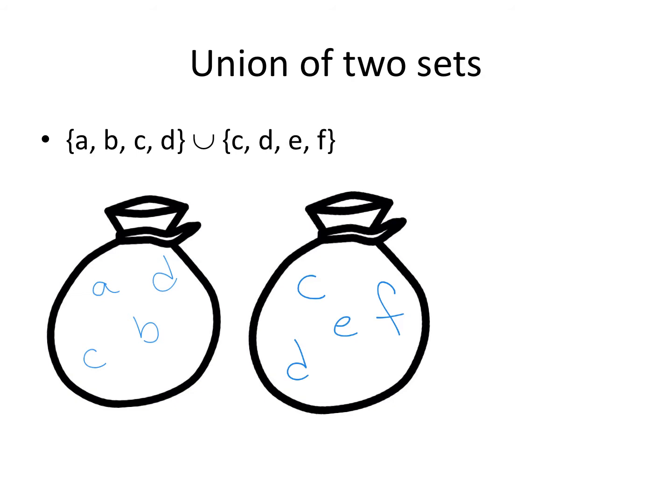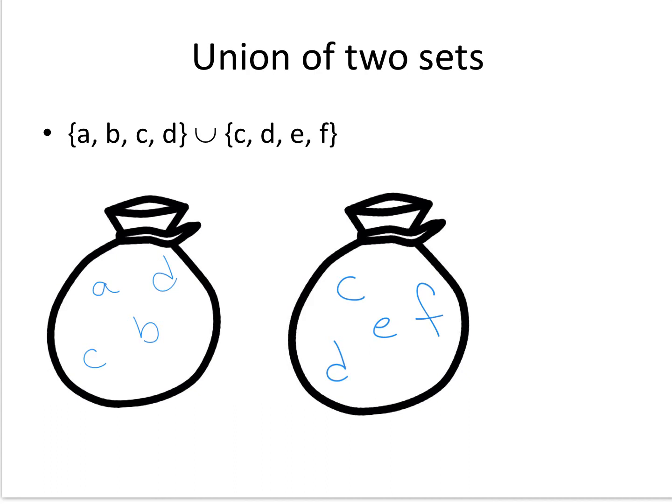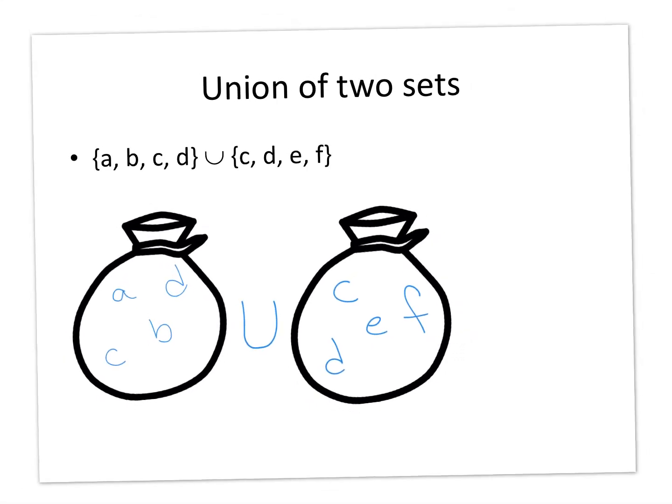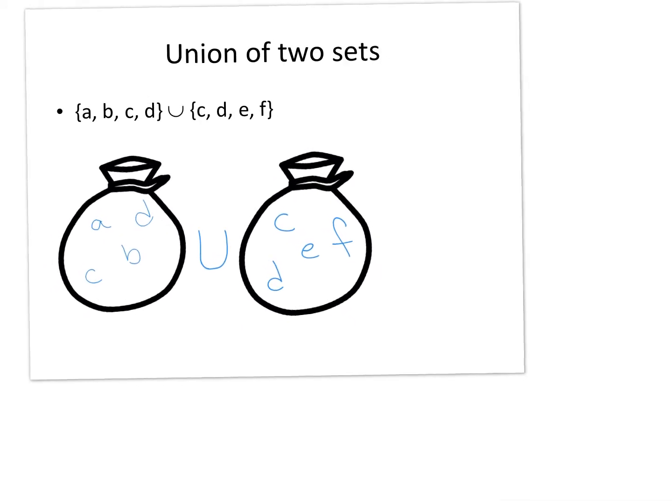So if we're taking the union of this first set and the second set, that just means we make a new bag that has everything that is in both the first set and the second set. So let's just shrink this down a little bit so we have a little bit more room.